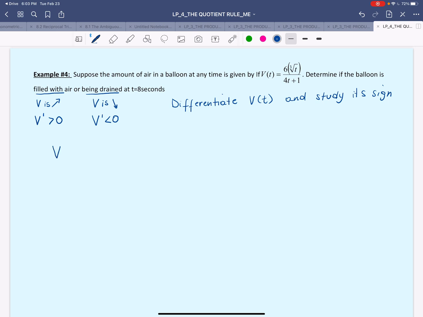So we're going to say that V prime of t equals. Now remember, we have radicals in here, and it's always nicer to rewrite the function with powers rather than radicals. So that's 6t to the power of 1/3 over 4t plus 1.